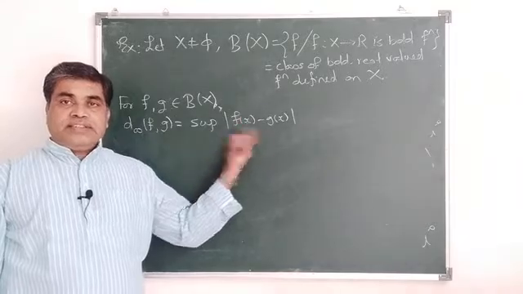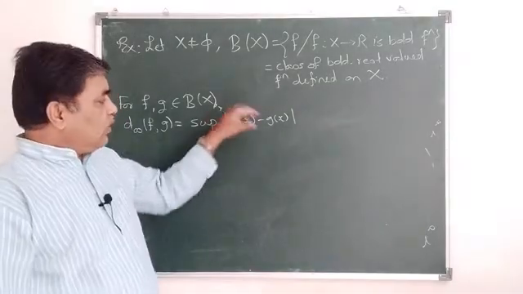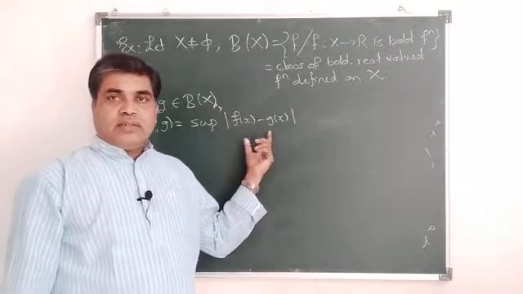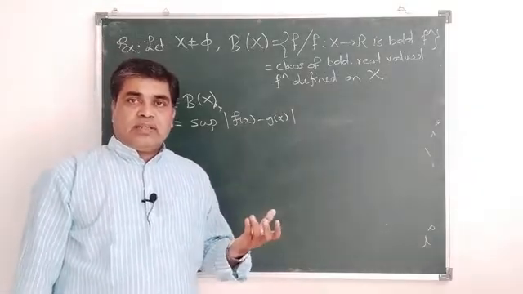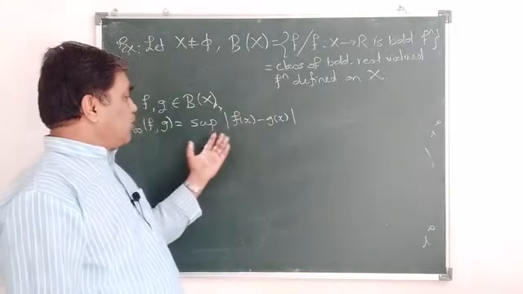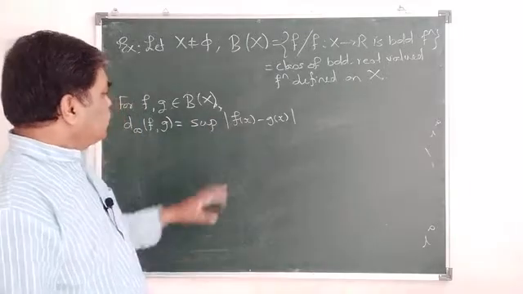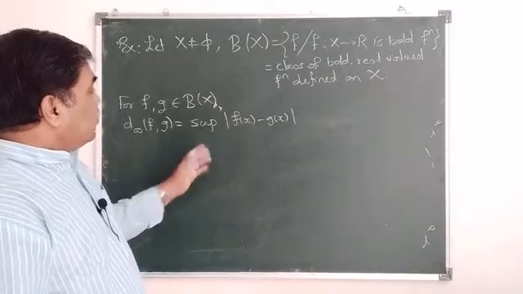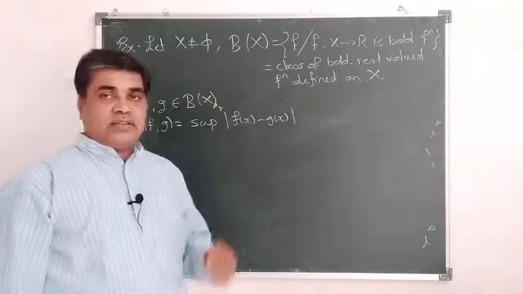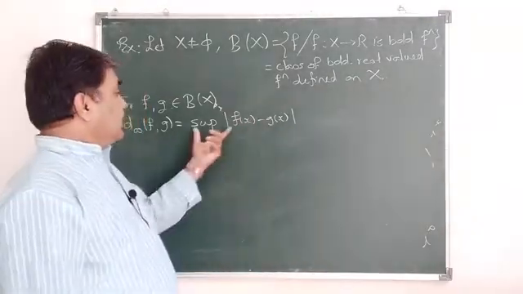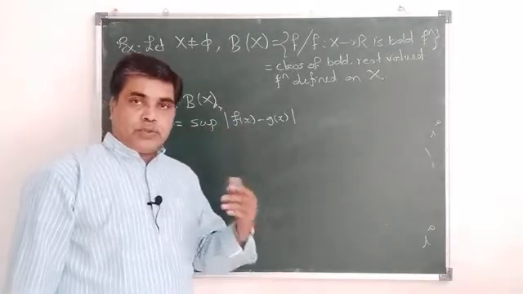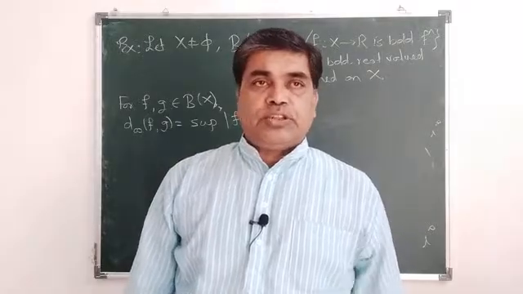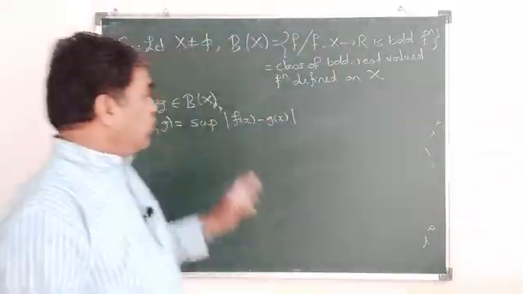Now as f and g are real valued functions, f(x) and g(x) are real numbers, the difference is also a real number, the modulus is a real number, so I can talk about its supremum. So this is a real number, no doubt. Now we have to check whether it exists or not. If it approaches infinity, then the d infinity function is not defined for B(X).